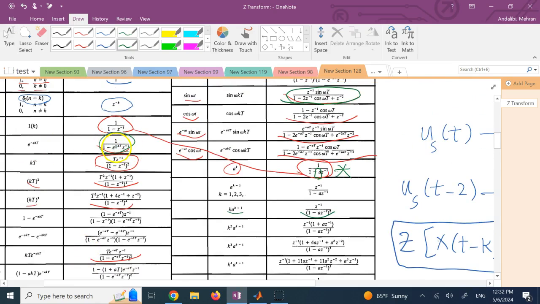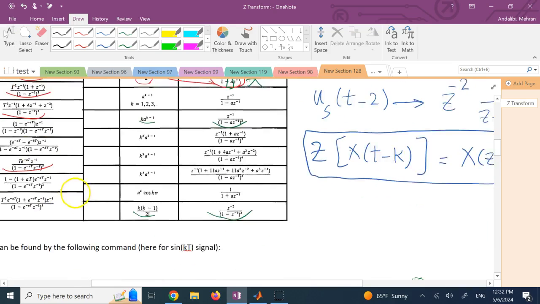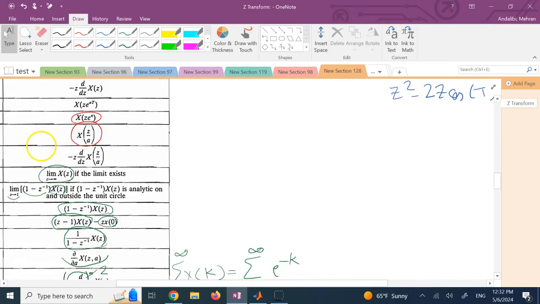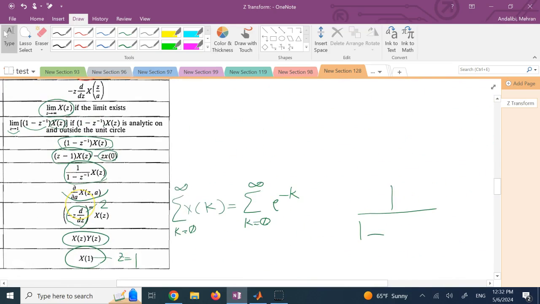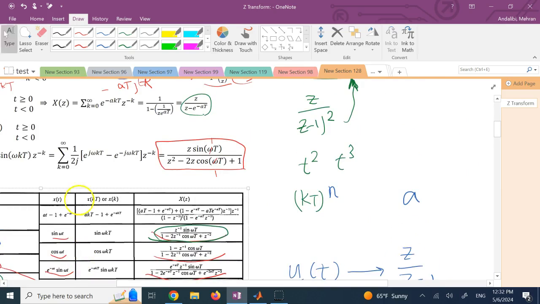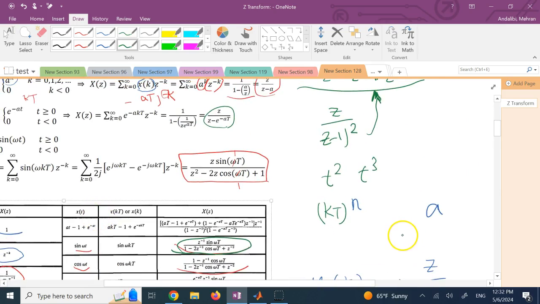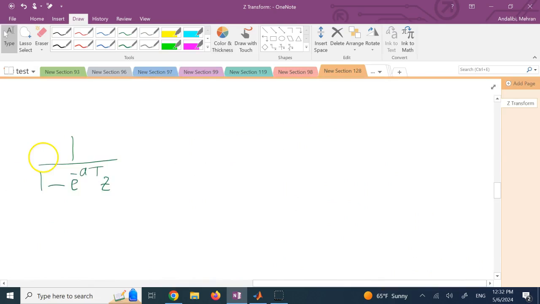That's this guy, 1 over 1 minus e to the negative at times z inverse. Let me make sure that I did it correctly. Or let's do this one, this is easier: z over z minus e to the negative at. That is easier.